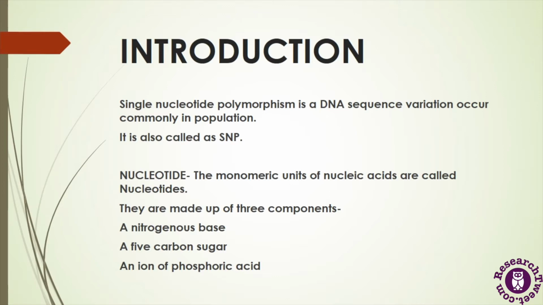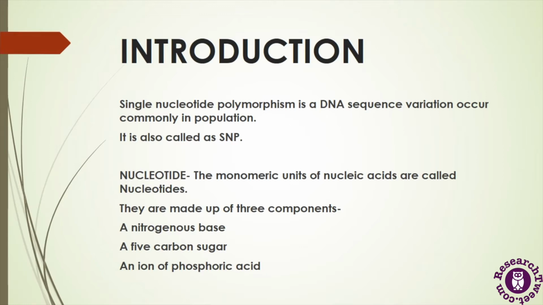Nucleic acids are of two types, DNA and RNA, and they were discovered by Friedrich Miescher. These DNA and RNA molecules act as hereditary material. In most organisms, DNA acts as the hereditary material, but in RNA viruses, RNA acts as the hereditary material.